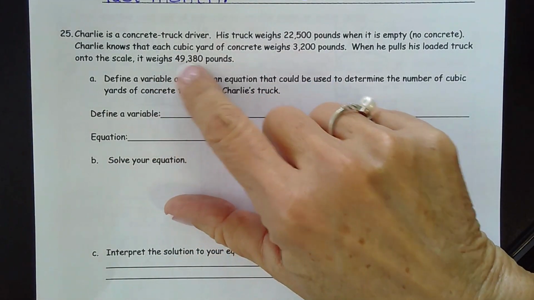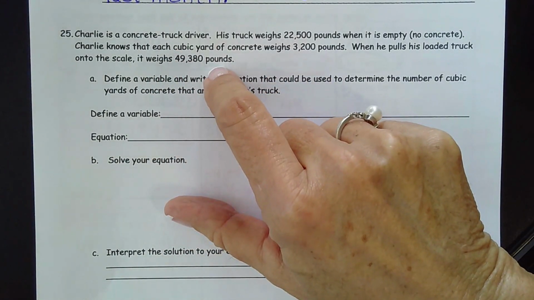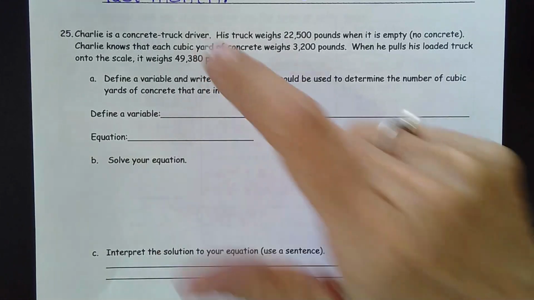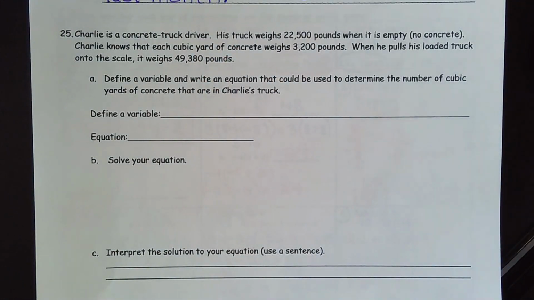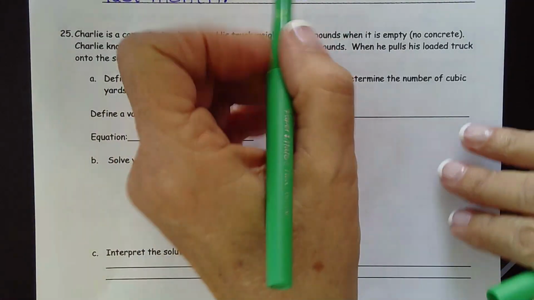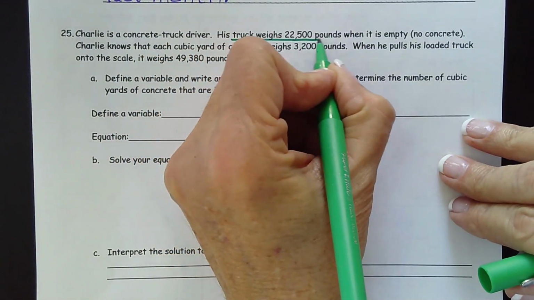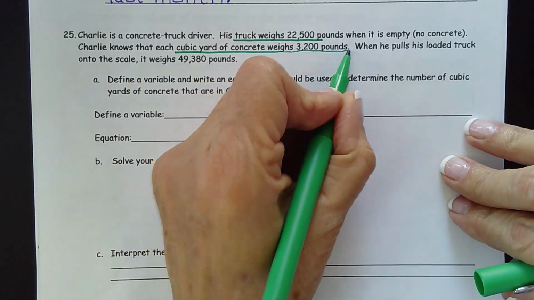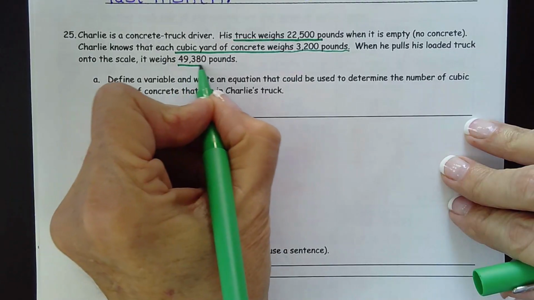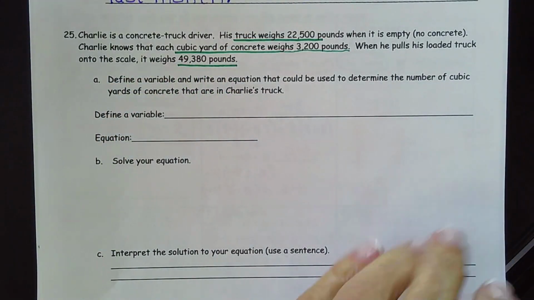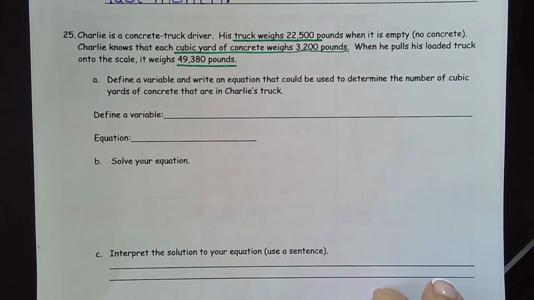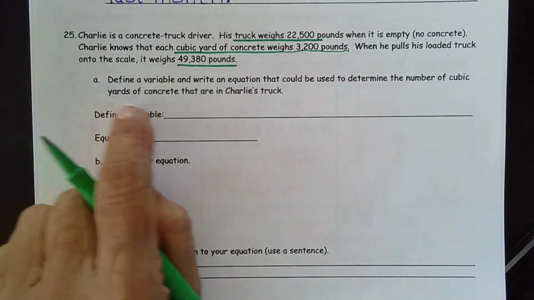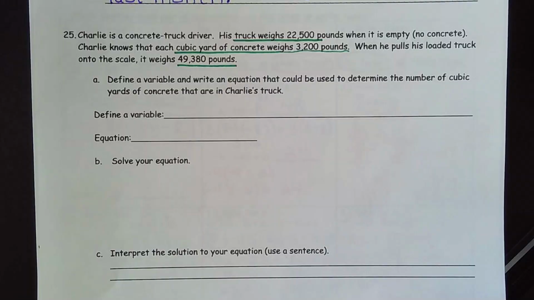And we know the total weight, total is telling us to add, is this. So let's just underline all the important stuff here. His truck weighs this, each cubic yard weighs this, and his truck weighs this when he goes in. So we need to figure out how many cubic yards of concrete Charlie's truck is carrying.